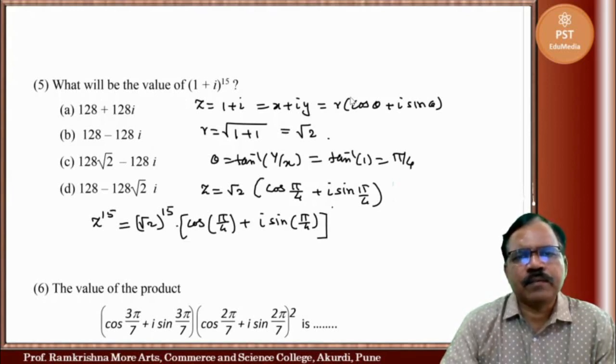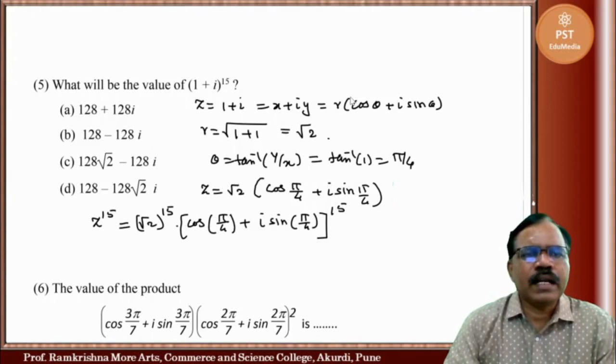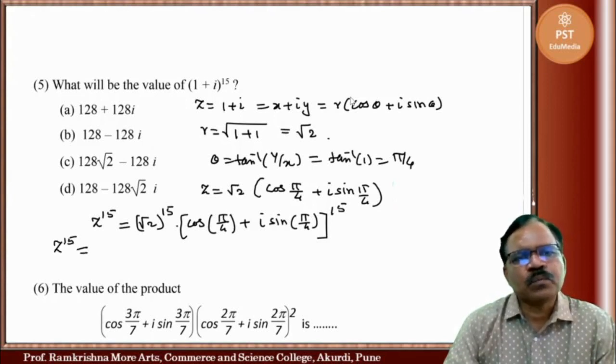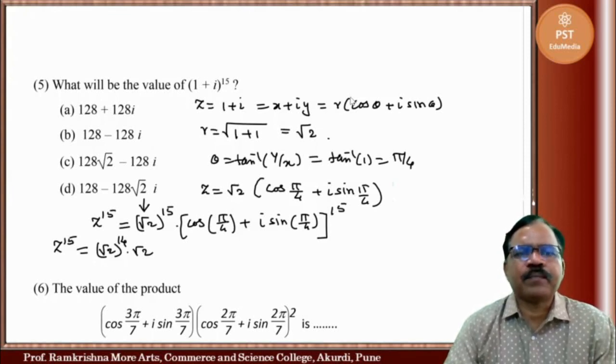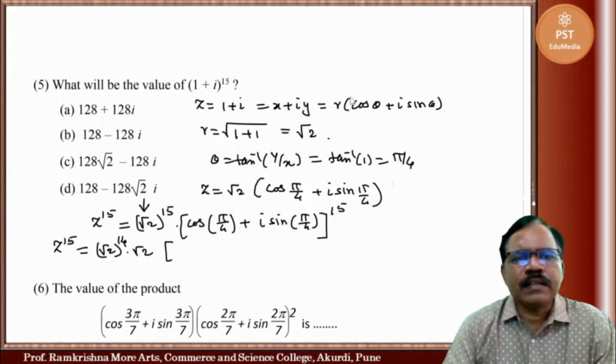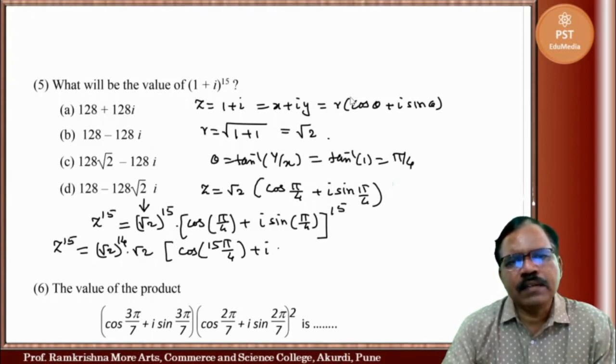raised to 15. So I can write this as z raised to 15 is equal to root 2 raised to 14 into root 2, which I have simplified, and I can write this as cos 15 pi by 4 plus i sin 15 pi by 4.